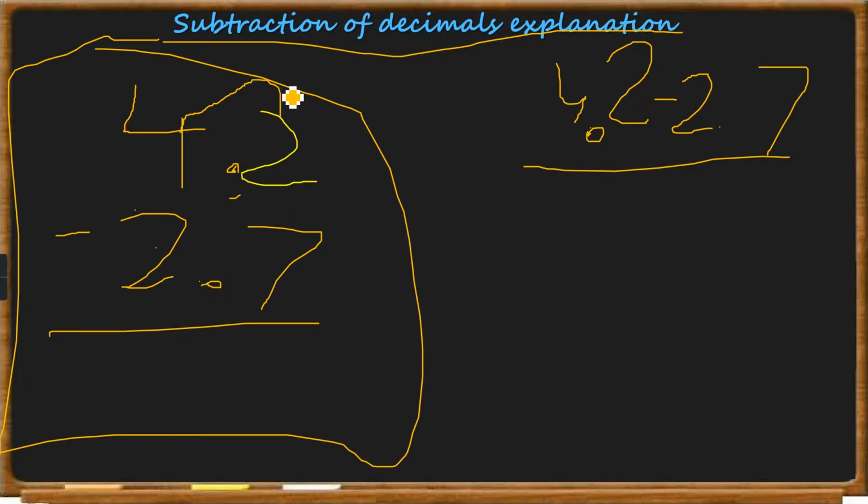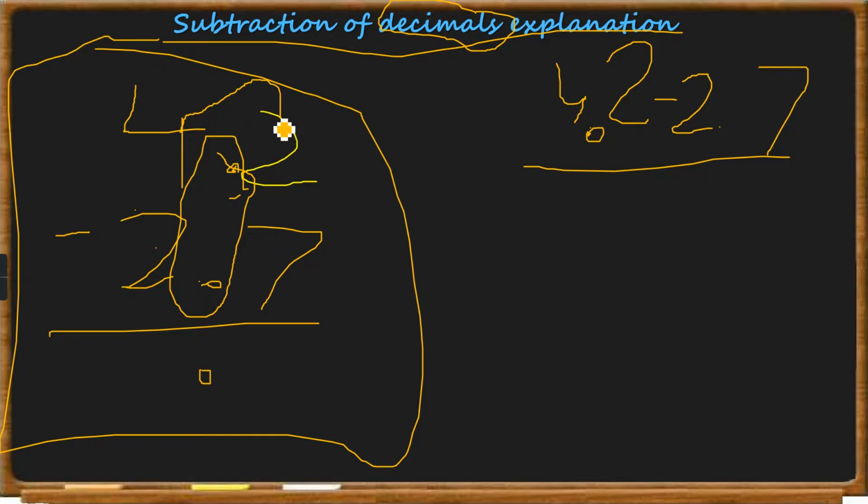The points make no difference; nothing is happening with these points. You can just place a point here so that it looks like a decimal. Nothing else. You need to do subtraction just as you do in normal sums.